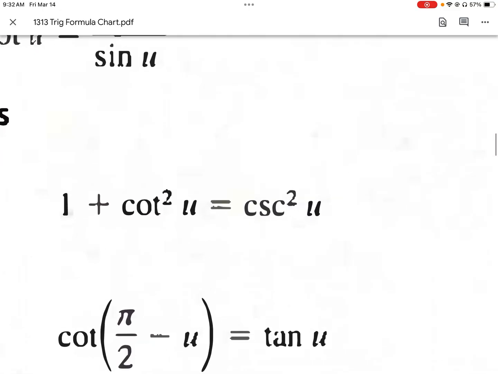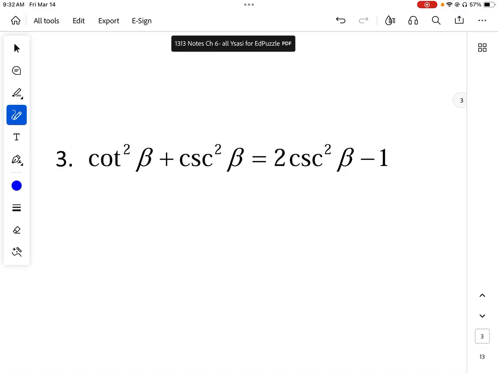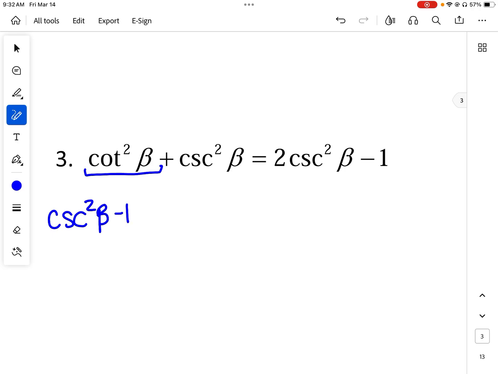So cotan, it's this one right here. So if we minus 1 on both sides, we would get cotan by itself. So I'm going to replace this guy with cosecant squared beta minus 1. And then let's carry everything down.